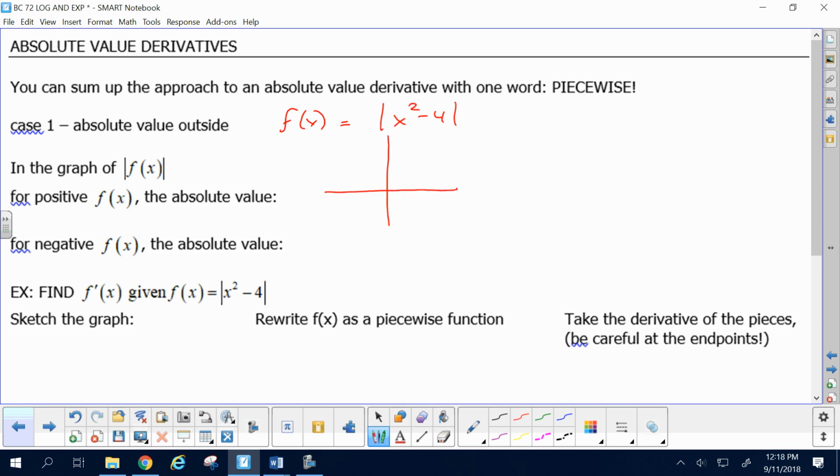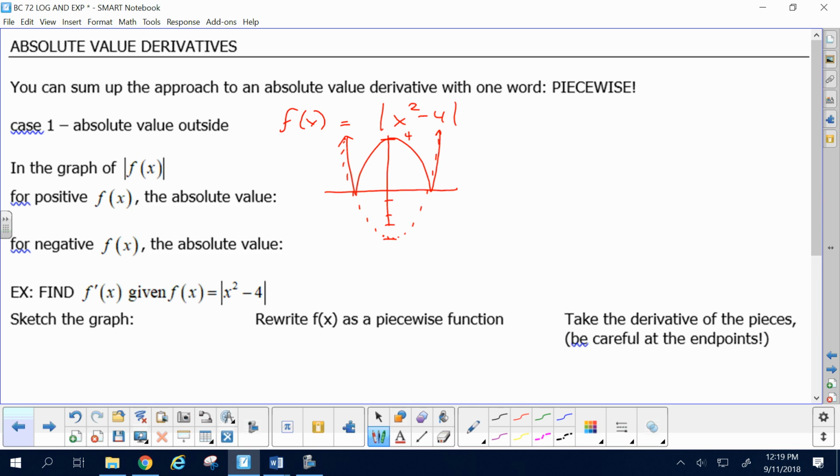It's going to be a parabola shifted down 4, so it would want to have a y-intercept of -4 and x-intercepts of 2 and -2. But then the absolute value would take hold and make all y's positive. So you'd have a relative max at 4 instead of a min, and you'd have two relative mins of 0 at -2 and 2, right? Okay then.